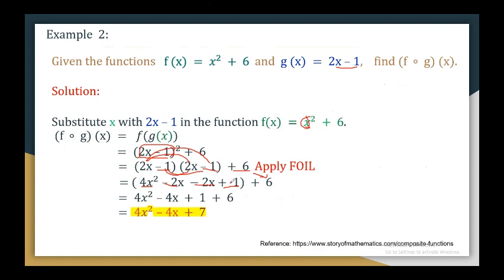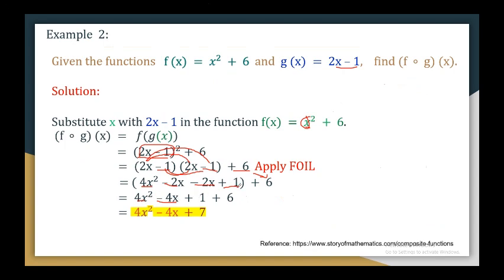Now, let's remove the parentheses and then simplify. So, you have 4x squared. Then the negative 2x and negative 2x, that is equivalent to negative 4x. So if you are going to combine that together, you will get negative 4x.